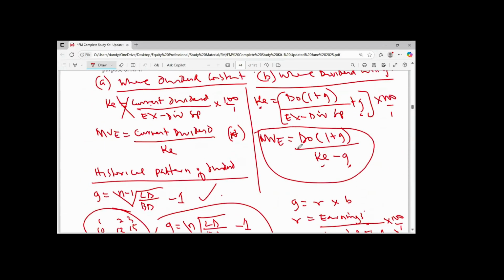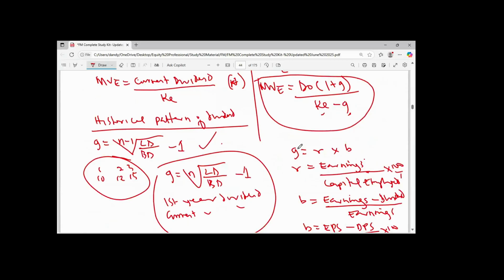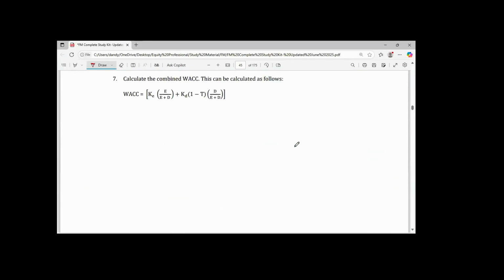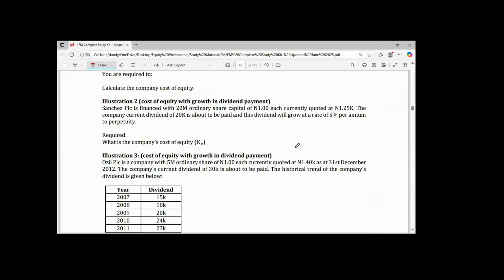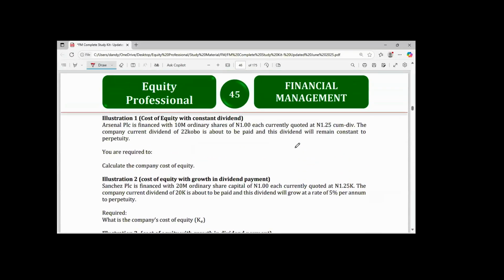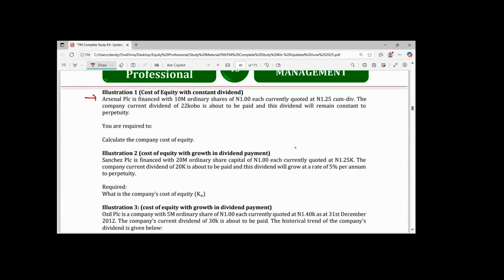So these are the concepts that we discussed in our last class. Please remind me, did you solve any question on Arsenal PLC?